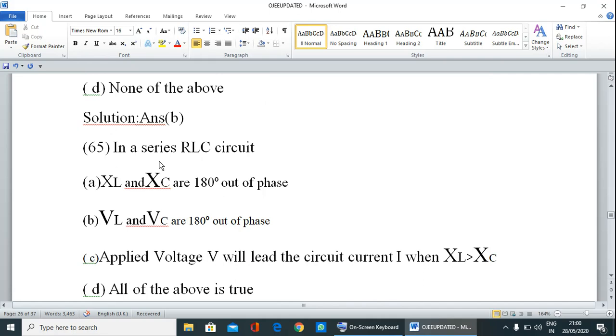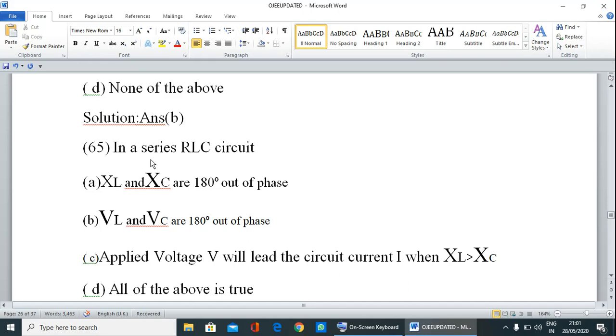Next question, in a series RLC circuit. This is your AC fundamental, that is a series RLC circuit, where resistance, inductance and capacitance are connected in series. Then what is the true statement? XL is called inductive reactance, 2 pi FL, and XC is 1 by 2 pi FC, and they are out of phase.